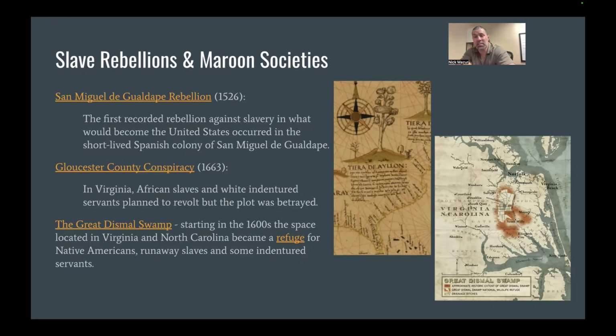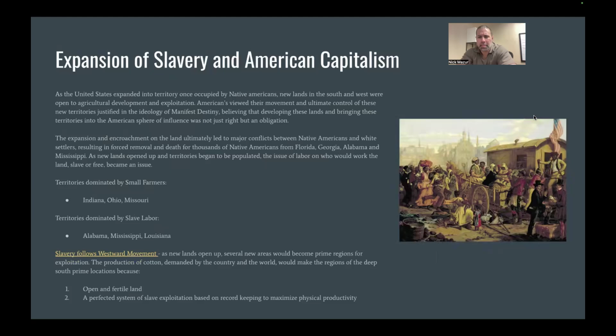No, there is resistance and rebellion. And remember, resistance takes on multiple forms. It's not just overthrowing or fighting against your captor or your enslaver. It could be simply setting the sugar fields on fire, burning the crop, burning the cotton, tripping the master's kid in the fields, right? Poisoning the master, right? There is resistance in all forms. Very important to recognize that.